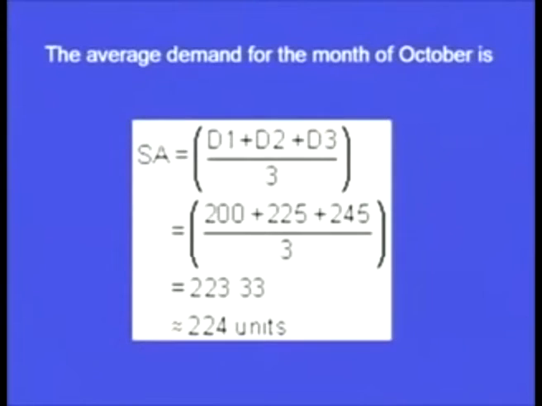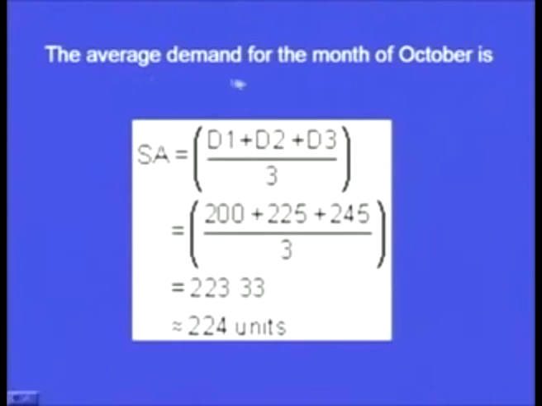Now we want to find the demand forecast for the month of October using a simple average method. What we are going to do is add up all these 3 demand data and divide it by 3. The average demand for the month of October can be very easily calculated. You can see that the simple average is given by D1 plus D2 plus D3 divided by 3. D1, D2 and D3 are the data for the months of July, August and September, and we are finding out the data for the month of October.